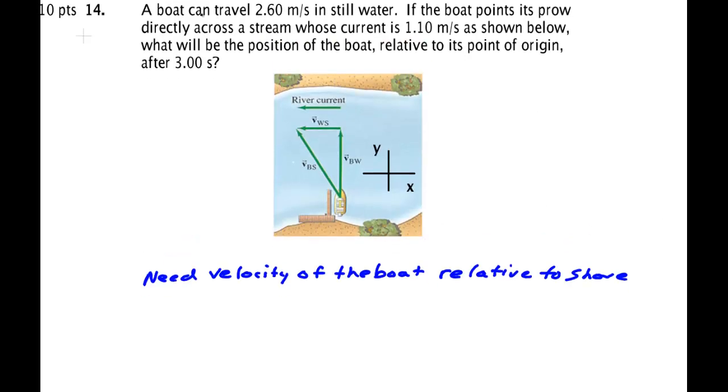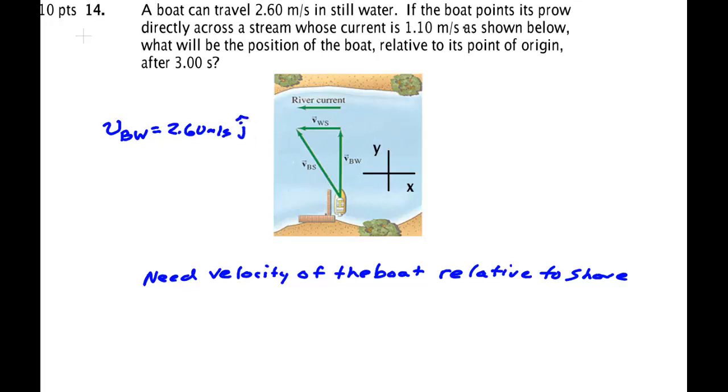It says a boat can handle 2.6 meters per second in still water. Okay, that is the velocity of the boat with respect to the water. So VBW is 2.60 meters per second, and according to that axis in the j-hat direction.